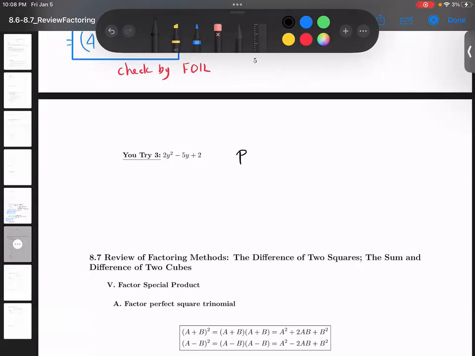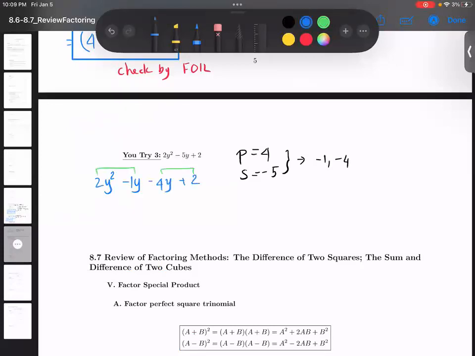I want to find the product, which is 4, since 2 times 2 is 4, and the sum is negative 5. That's negative 1 and negative 4. So this is going to be 2y squared minus y, or minus 1y, you want to write it like that, minus 4y plus 2.